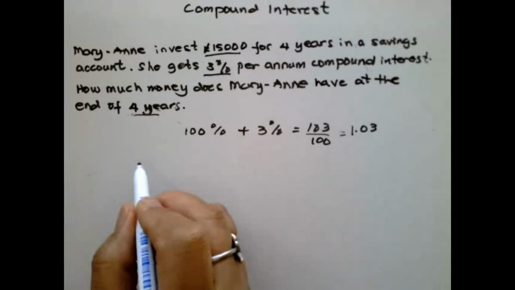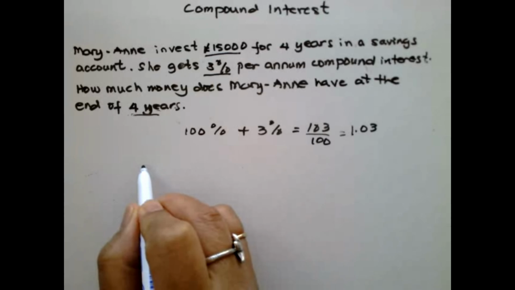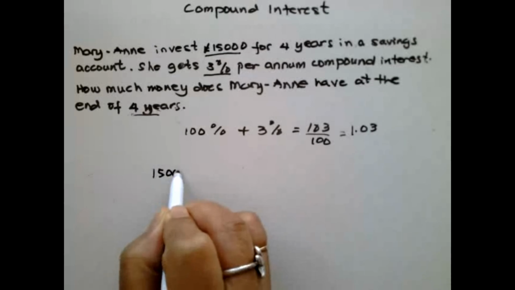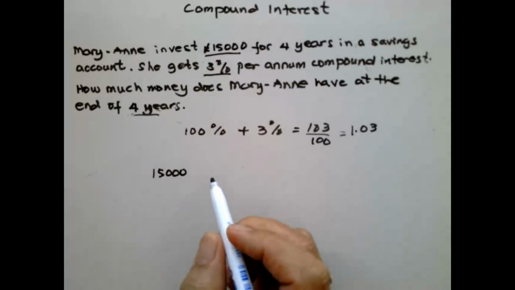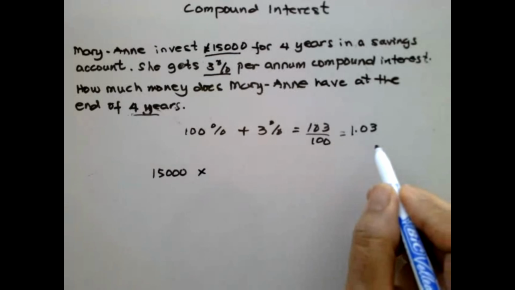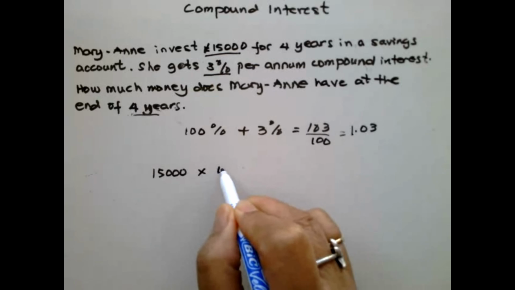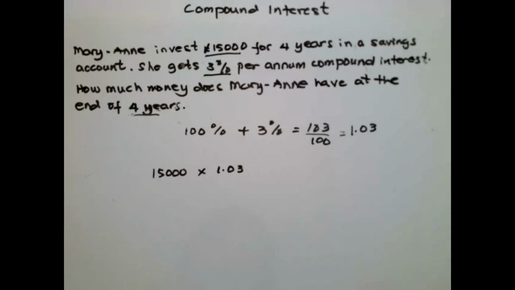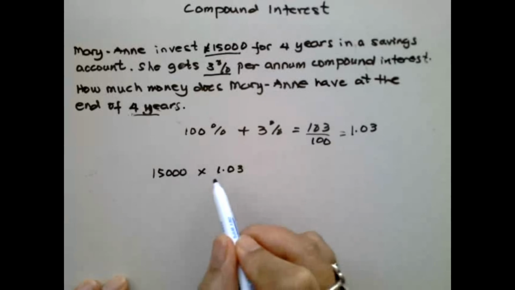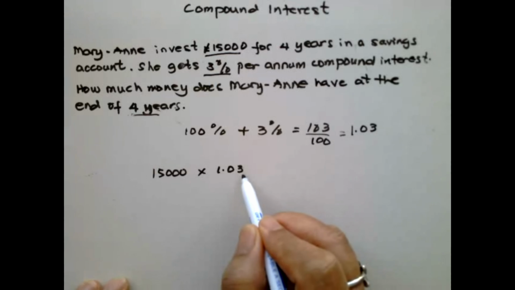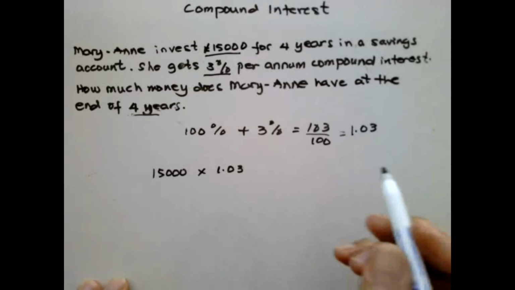Now we're going to work out the total amount after 4 years. So 15,000, that's the money of Mary Ann from the beginning, and we're going to multiply by the multiplier. The interest is 3%, but with the multiplier it becomes 1.03, because 1 is the 100% and the 3 is the 3%.